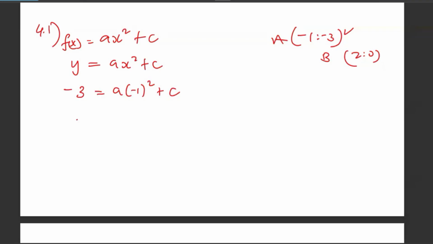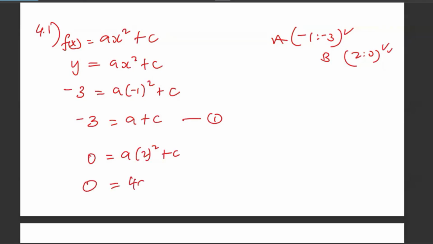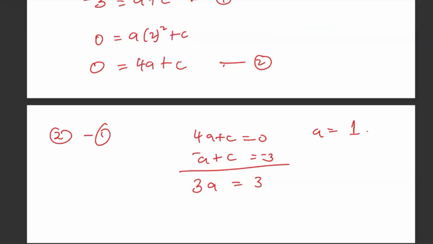Simplifying this, I'll have -3 is equal to a plus c. Call that equation 1. Then I can also use the other point. Substitute, we have 0 is equal to a into 2 squared plus c. Simplify, we have 4a plus c, this is equation 2. Okay, so we said that when you subtract the 2 equations, this is what we end up with.